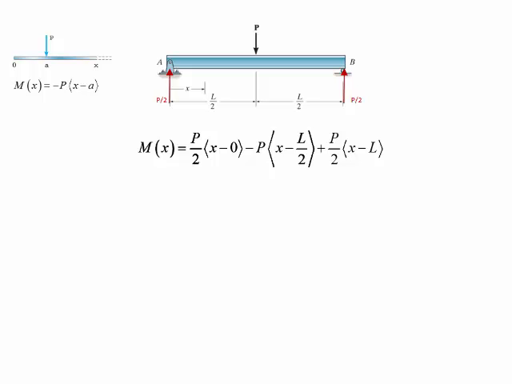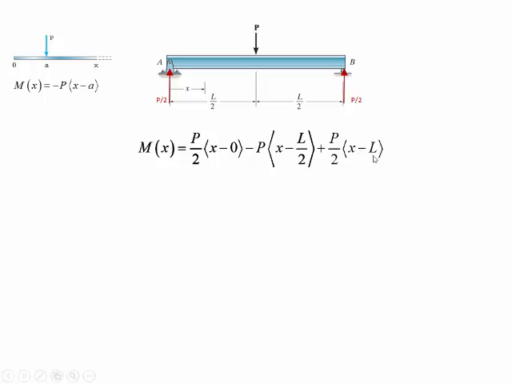We can actually simplify this function based on the definition of the Macaulay function. If we look at the last term here, the term in the brackets is going to be 0 for any x coordinate that is lower than L, and it would be whatever is inside the brackets if the x coordinate is greater than or equal to L. When we consider this particular term in relation to our beam, all the x's in the beam are going to be lower than L, which means that this term will go to 0.